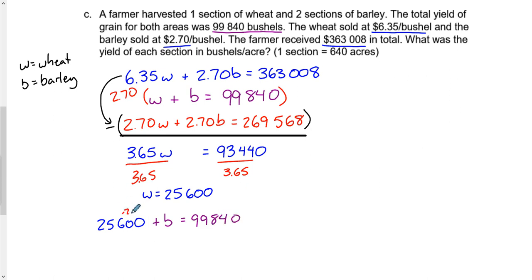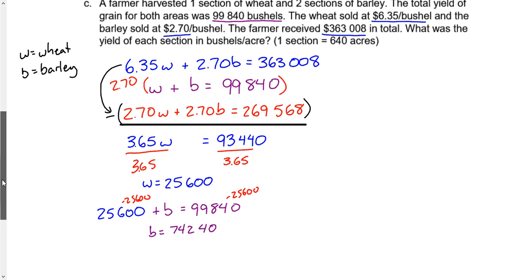Sorry, I had gone back to this purple equation up at the top here. Just manipulate for my B value. 99,840, subtract off that 25,600, and I get 74,240. So that's how many bushels of barley that was obtained.